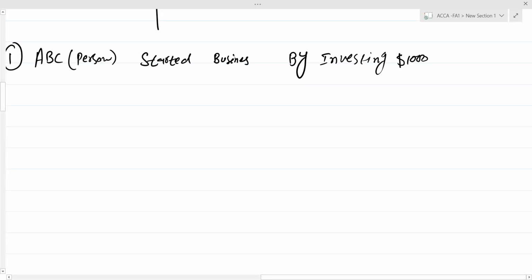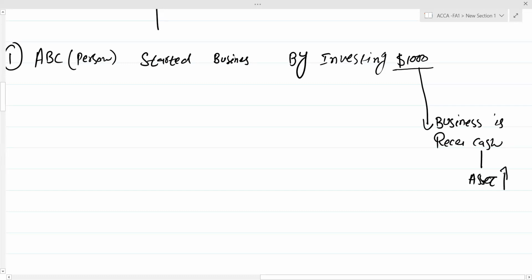So what is happening for the business? Business is receiving cash, and cash is an asset of the business. So assets are increasing. This is one aspect.